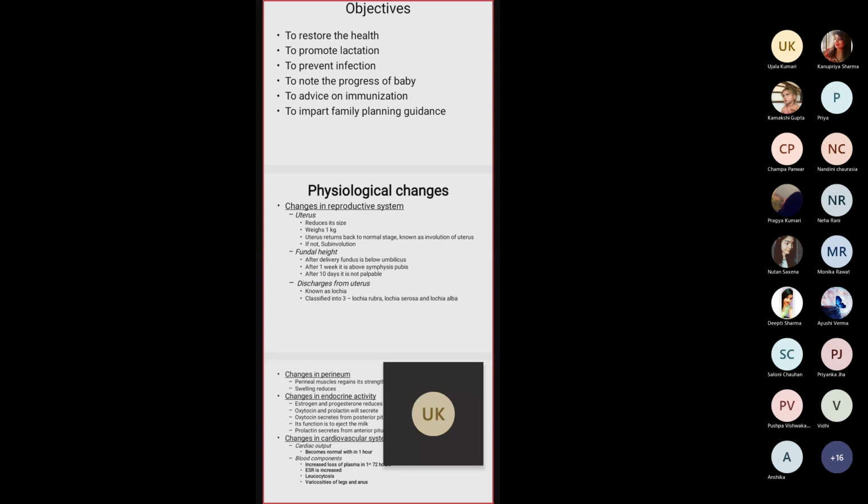Next one, the uterus returns back to the normal stage. That means the uterus which was increased in size and weight may come back to the normal pre-pregnancy status. When the uterus and its supporting structures come back to the normal size and shape, it is known as involution of uterus. So what is involution of uterus?